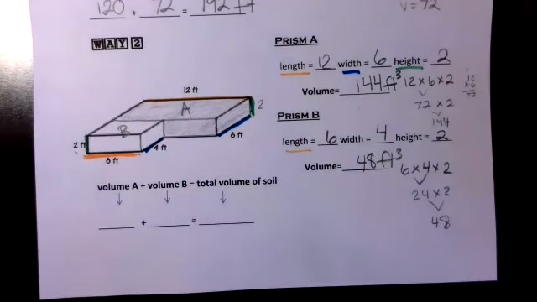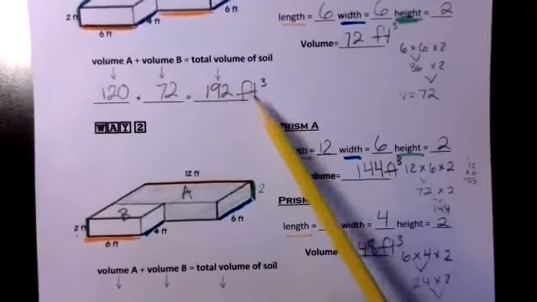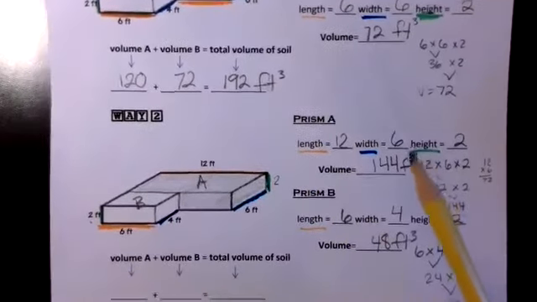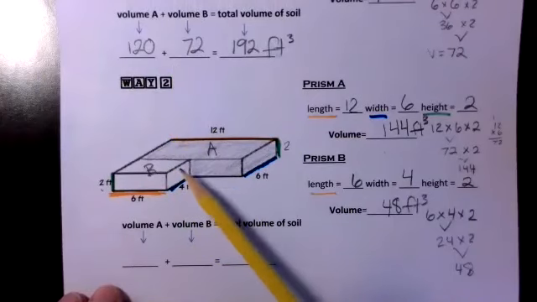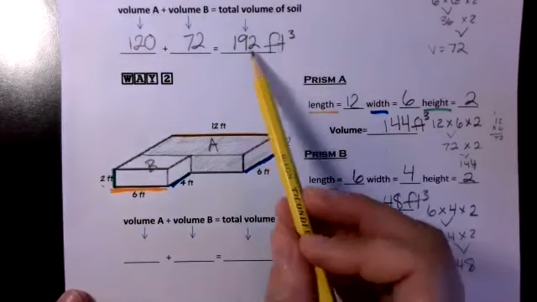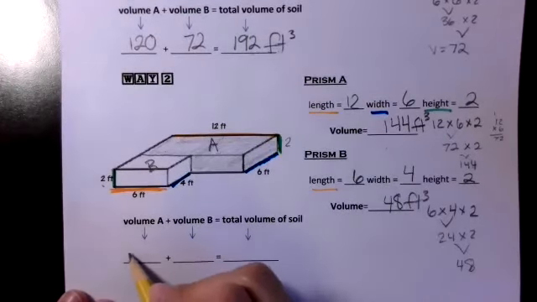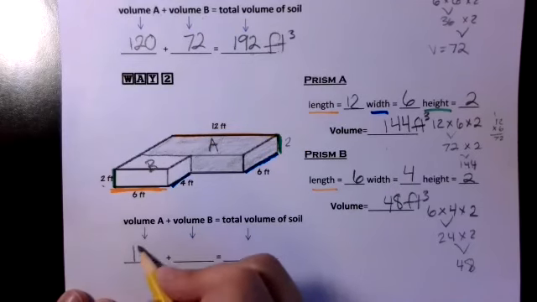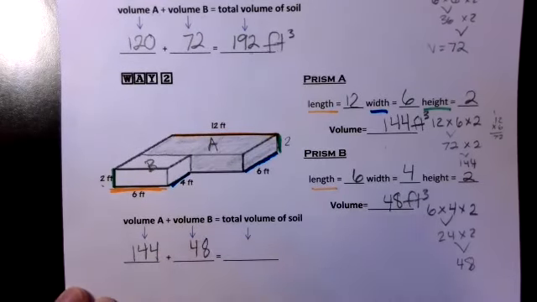So to find the volume of both of them, we have to put them together. Now, one thing to think about is, shouldn't our final answers be the same? Yes. But our individual prisms are not, because they're different sizes, different lengths, widths, and heights. So let's see if we do end up getting the same volume as we should with this type of cut that we made. So 144 and 48.